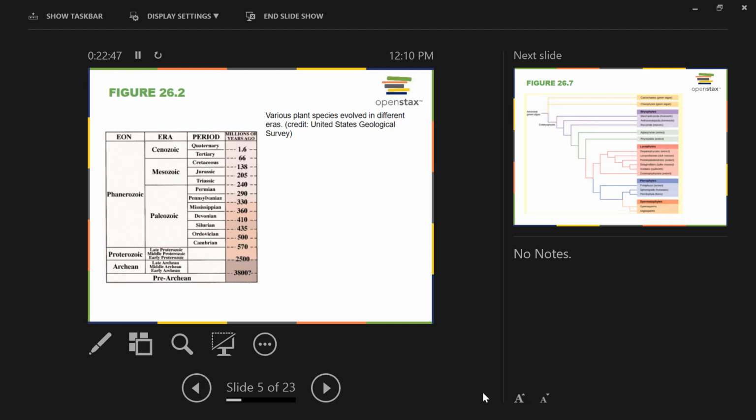Any questions about this? Because I will tell you this now, there's an unspoken question right now of, is this going to be on the test? I'm not saying you will, but you could get a test question where some of these periods are left out and you have to fill in what's missing.